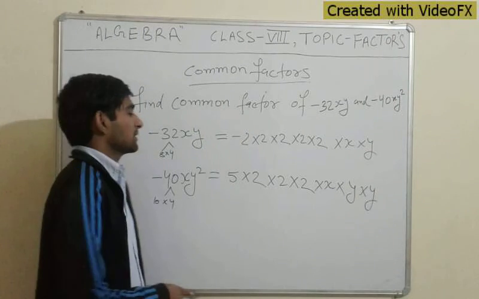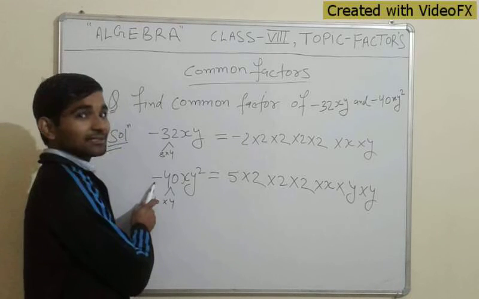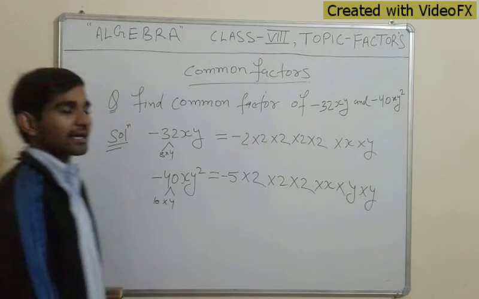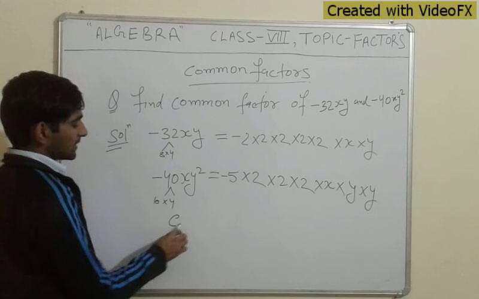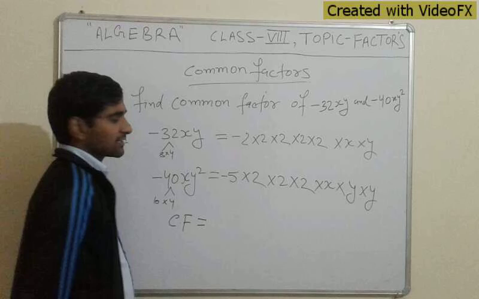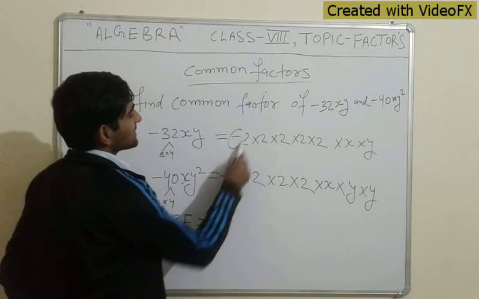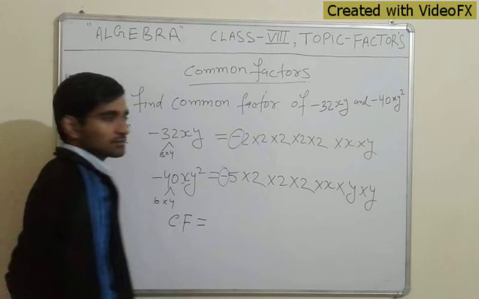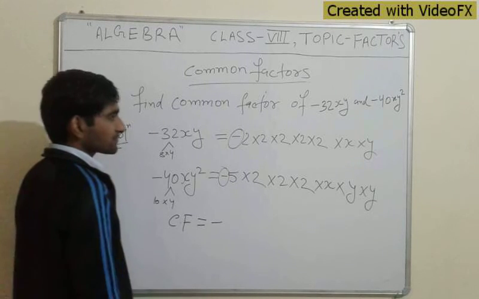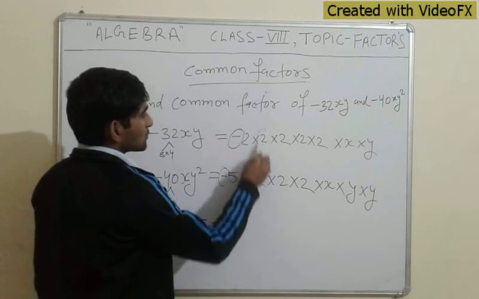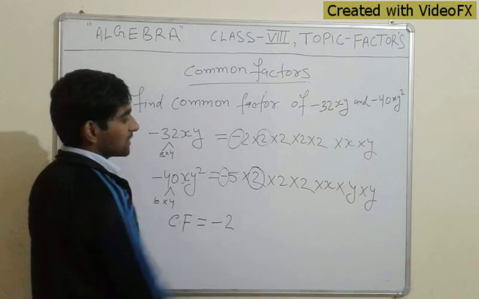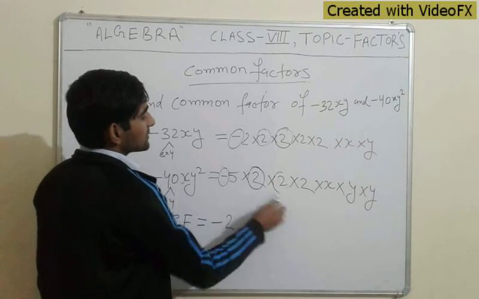One more thing, this is negative, so put a negative sign here. In the common factor, now see what is common. First thing is that minus and minus are common, so put minus. After it, 2, here 2 and this is also 2. Put this 2 and this 2.